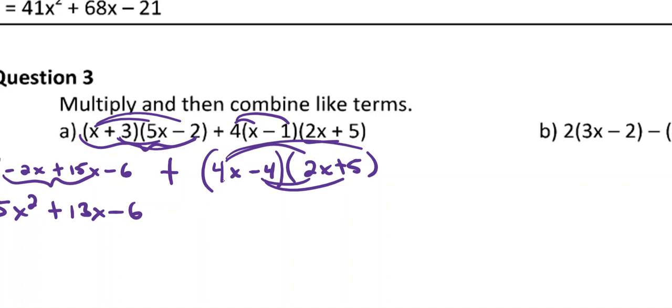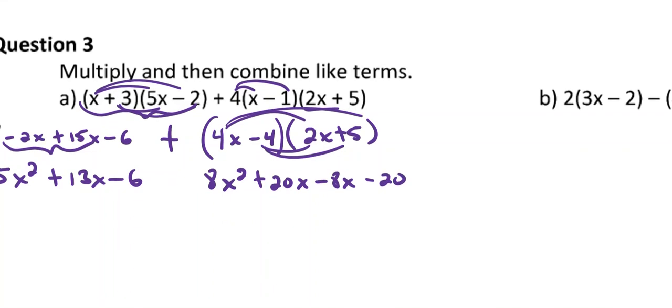All right, so we'll go 4x times 2x is going to be 8x squared, and then 4x times 5 is plus 20x. And then negative 4 times 2 is going to be negative 8x. And then negative 4 times 5 is going to be negative 20. And then I'll simplify these again.